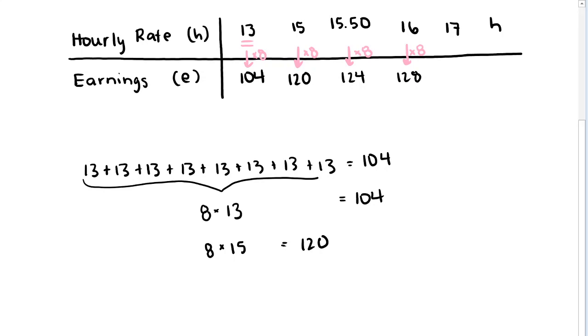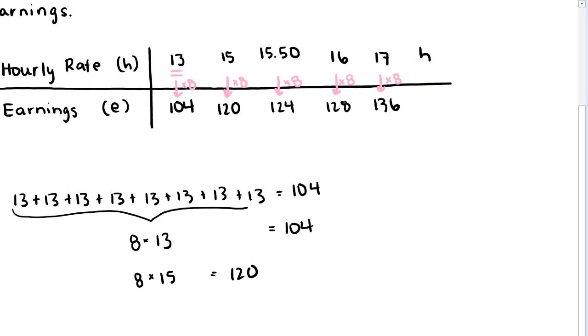And then this last example, if we take 17 and we multiply by 8, we get $136. And in general, if she just handed us some hourly rate, we would compute the earnings by just multiplying that hourly rate by $8, or 8 times, right? So this would be 8 times H in general to compute the earnings.